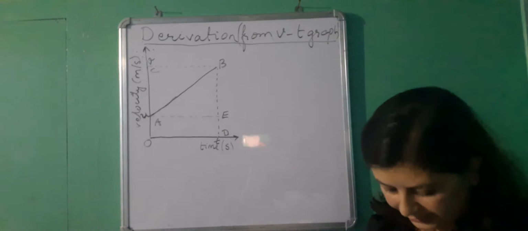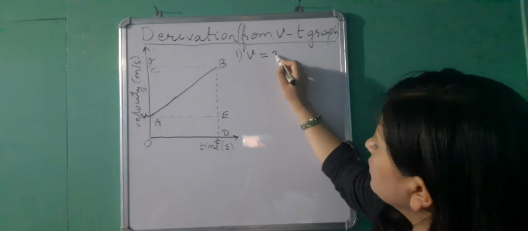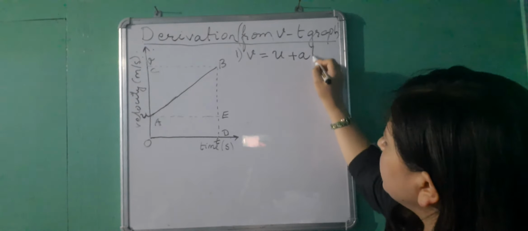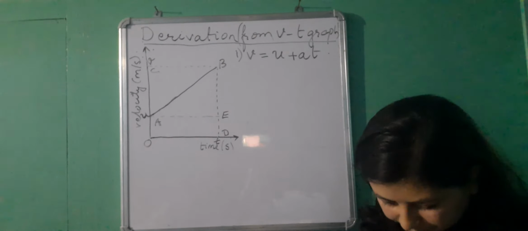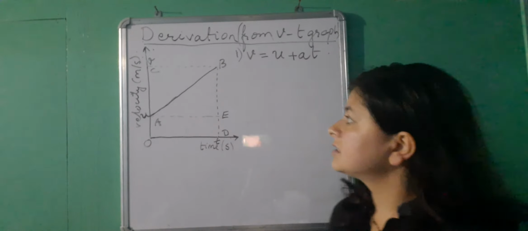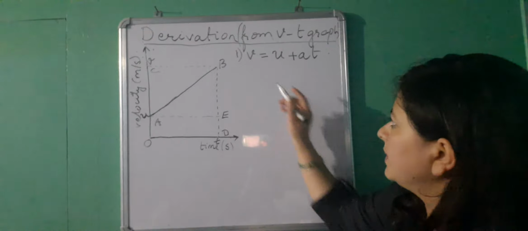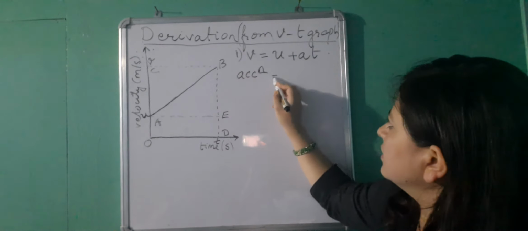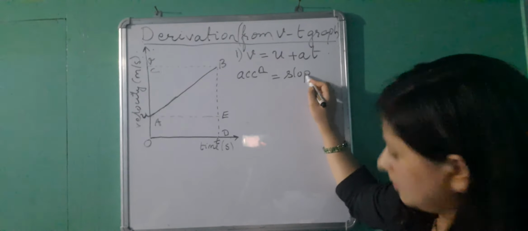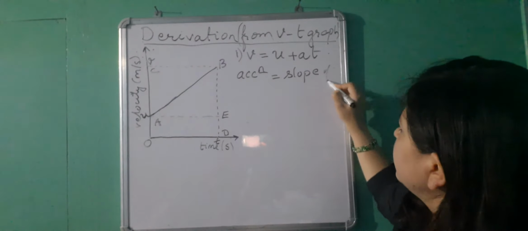Now first we will derive the first equation, that is v is equal to u plus at, using this graph. Let's see how. Now this is velocity time graph. From here we can calculate the acceleration by finding the slope as told in the previous class. Acceleration is equal to slope of the graph, that is the slope of the line AB.